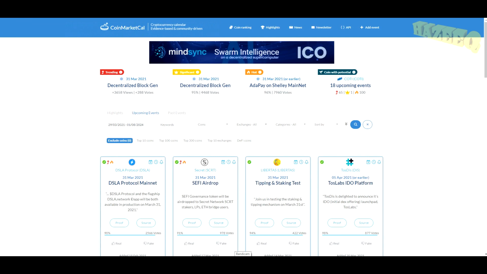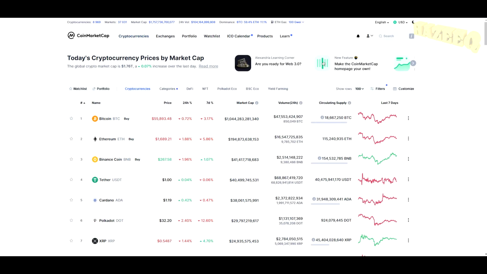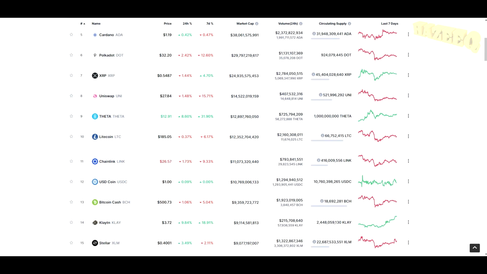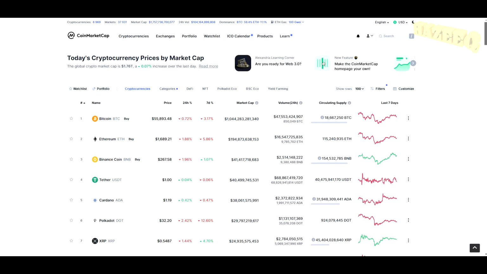So this is CoinMarketCap. CoinMarketCap basically ranks all the cryptocurrencies by market cap. And you can filter and research any cryptos you want. This is good for searching, for example, for low cap cryptocurrencies, for hidden gems.